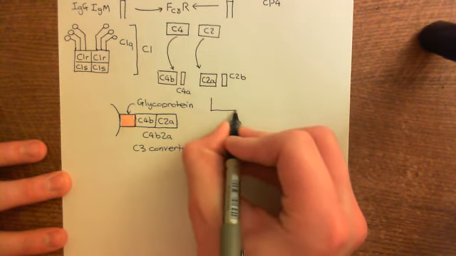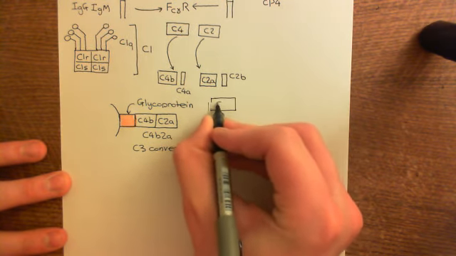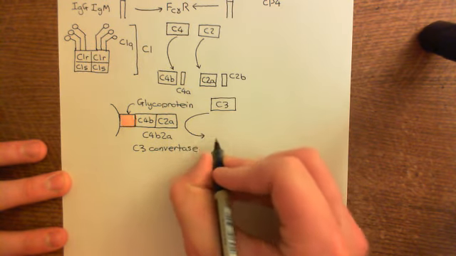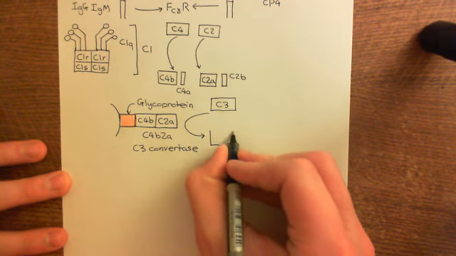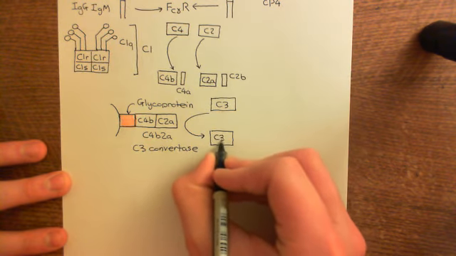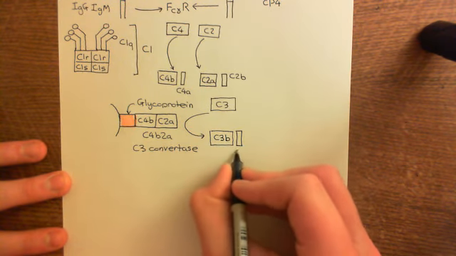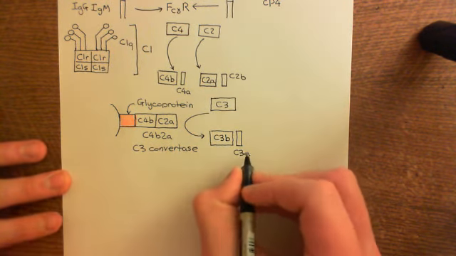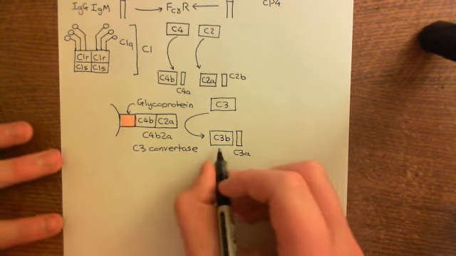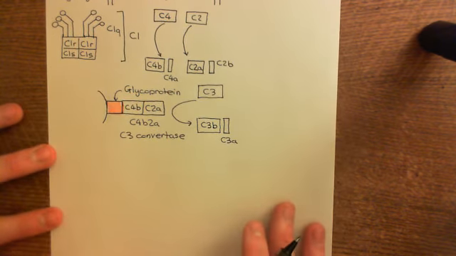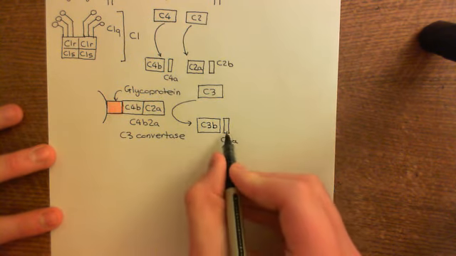The next complement protein it's going to act on is C3. So you're going to break down C3 into two fragments: a big fragment called C3b, and a little fragment called C3a. There's no hideous dispute over what the big fragment should be named in the case of C3. Now, C3a we'll come back to.